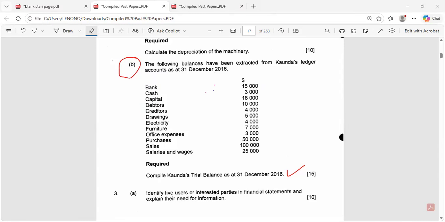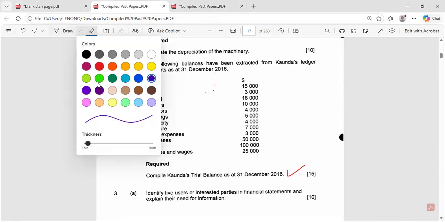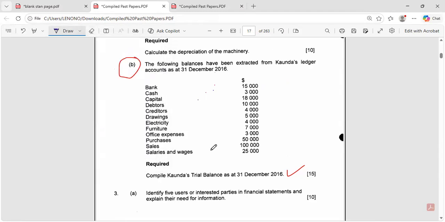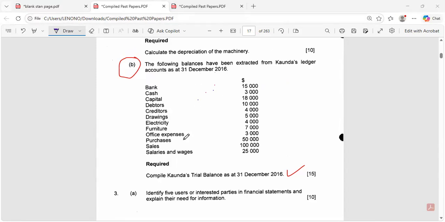Are you able to follow through? Yeah, we are following. Yes, sir, we're following. Baron, you have a problem? Madam Chileshe, I know some are following. Yeah, so let's add, sales is 100,000.